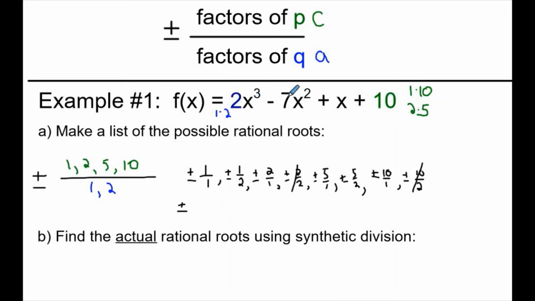So the possible roots of this function, in order, it's important to put them in order, would be plus or minus 1/2, plus or minus 1, forgive me there, and then plus or minus 2, then plus or minus 5/2, and then plus or minus 5, and plus or minus 10.